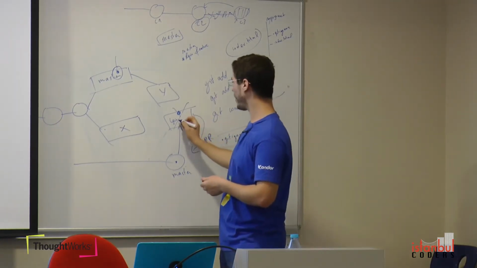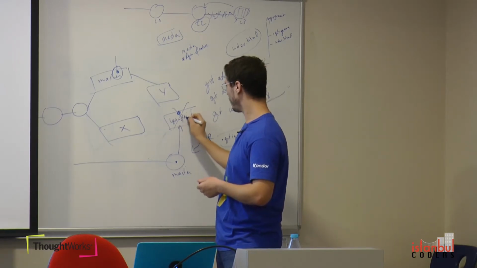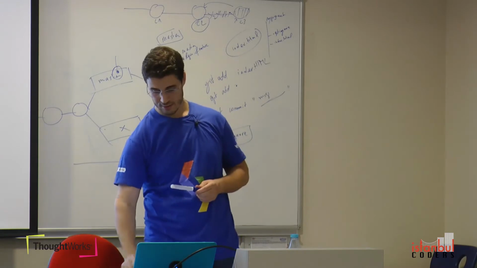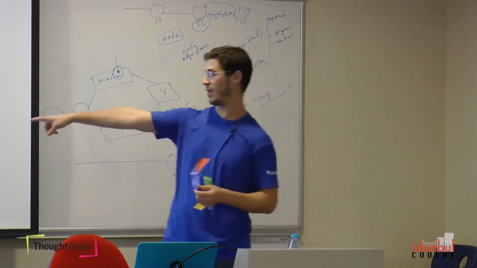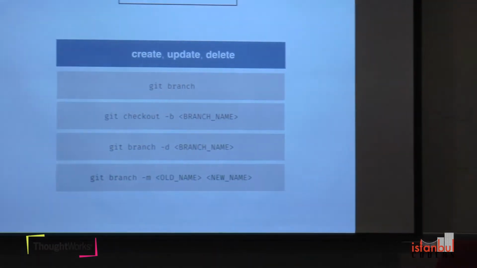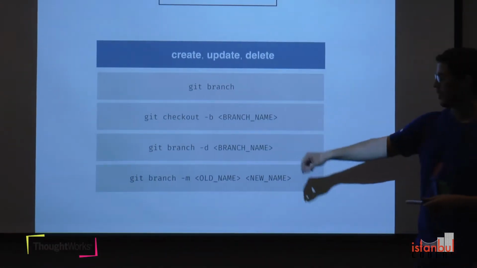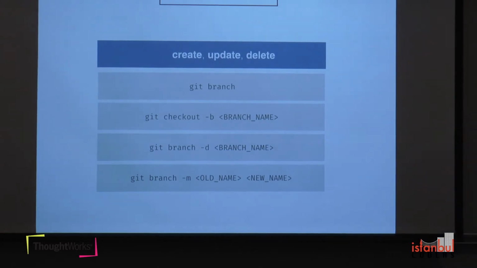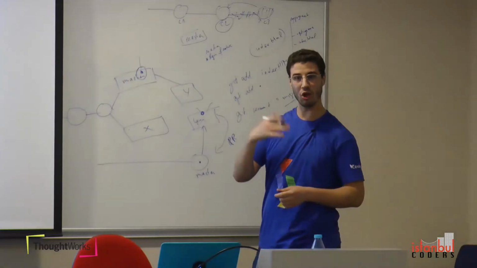So for example, we want to add feature. In this case, we use git branch -m, where m is like modify. So git branch -m, old name and the new name. For example, it was called login, and I want to rename it to login feature.